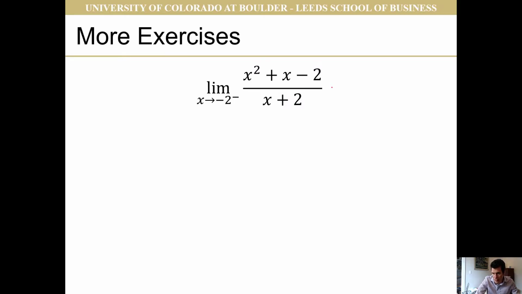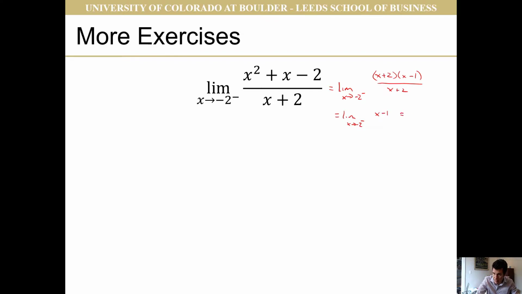We can rewrite this because we are never plugging -2 into anything. We can factor the numerator. Limit as x goes to -2 from the left: I can see this as (x plus 2) times (x minus 1) over (x plus 2), which is equal to the limit as x goes to -2 from the left of x minus 1.